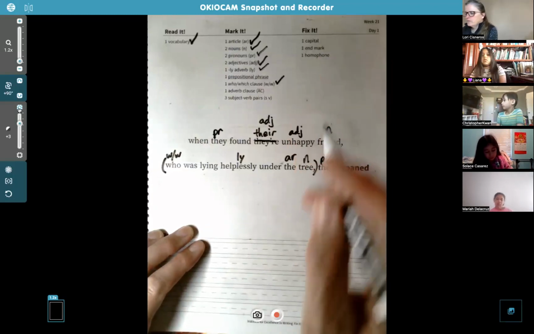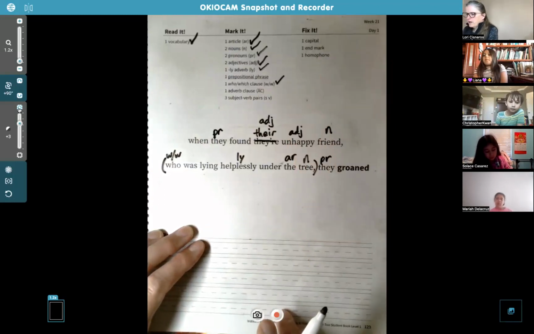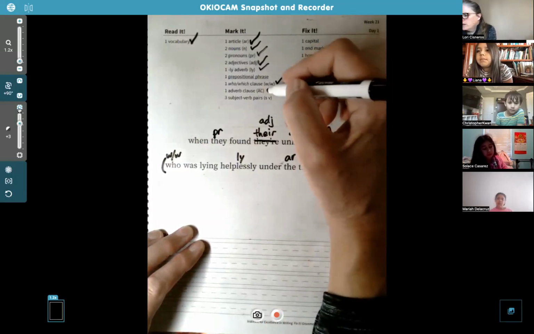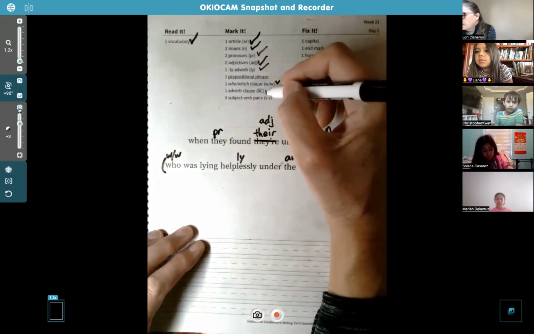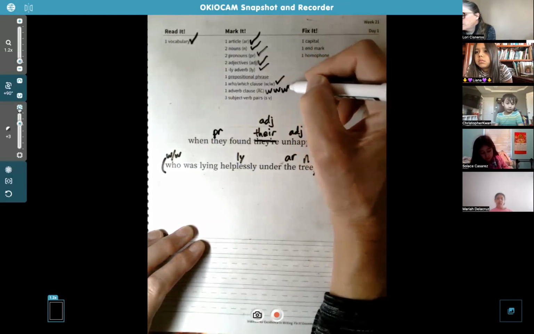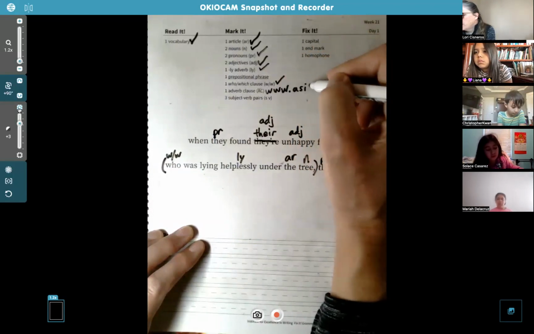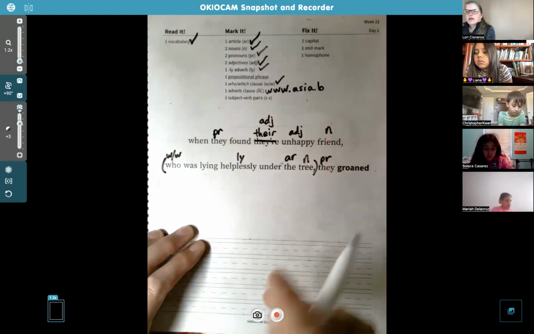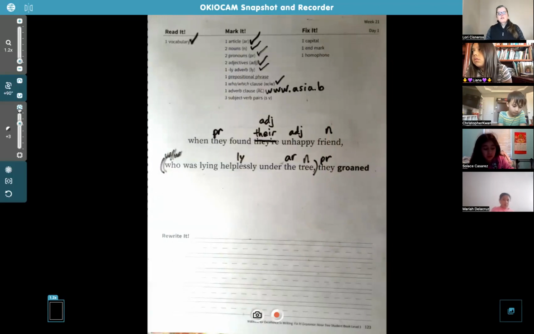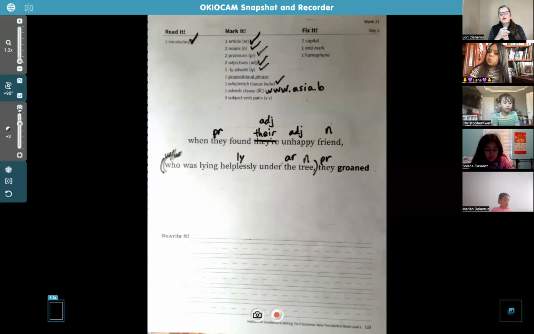And then Christopher, where is the adverb clause? Oh, before you tell me though, right here next to adverb clause, I want you guys to write WWW.ASIA.B like that. To help you remember, that's what you need to think of when you're looking for your adverb clause. When, while, where, as, since, if, although, because. Those are those words. So do you see it, Christopher? When.